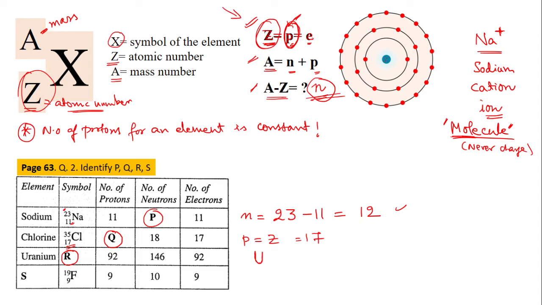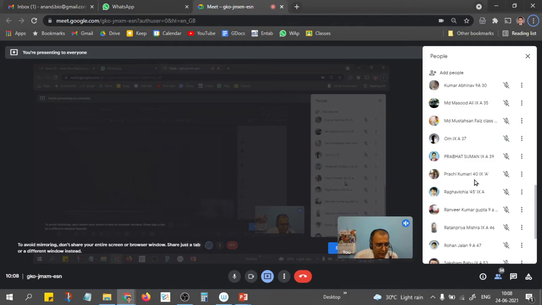You have to pay more concentration. Okay, please be more attentive, otherwise. Sir, can I say? Prachi Kumari 40. Yes, sir. To answer this question, what should be the formula for this uranium symbol?